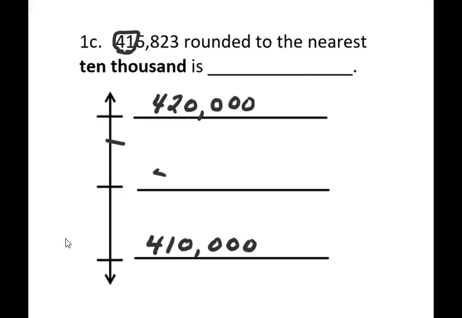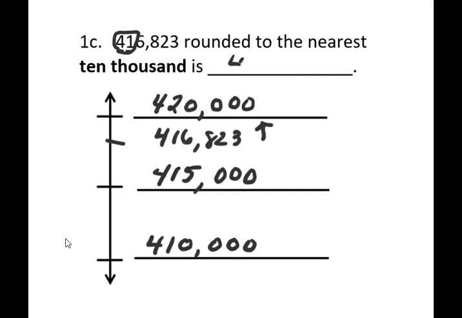The halfway point would be 415,000. I would plot the number on the number line, and again, it would round up. So that's just another way to look at that problem when it's tricky like that, finding that nearest 10,000.